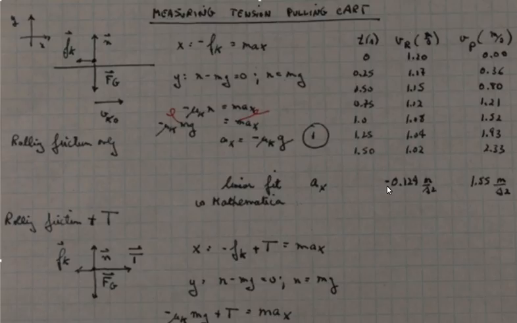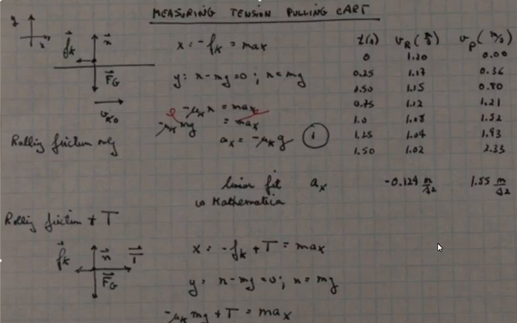That gave me a linear regression fit with a slope of minus 0.124 meters per second squared. Then for the first and the third column, since the rightward velocity is increasing, that corresponds to a positive slope and a positive acceleration, 1.55 meters per second squared.